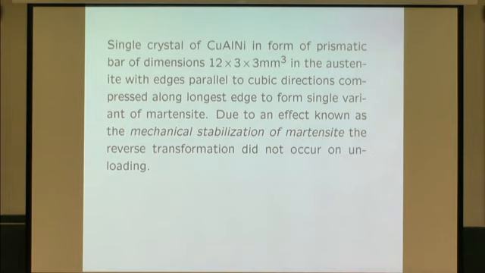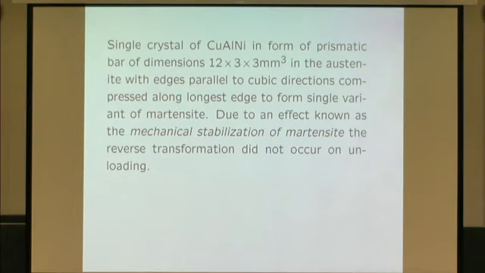Okay, and now he compressed it along its longest edge, and just as in the previous experiment of his that I mentioned, you can form a single variant of martensite that way. So now I've got a constant deformation gradient in one of the martensitic wells. Now there's an effect, and in fact the analysis that we do is in some sense related to explaining this effect, called the mechanical stabilization of martensite.